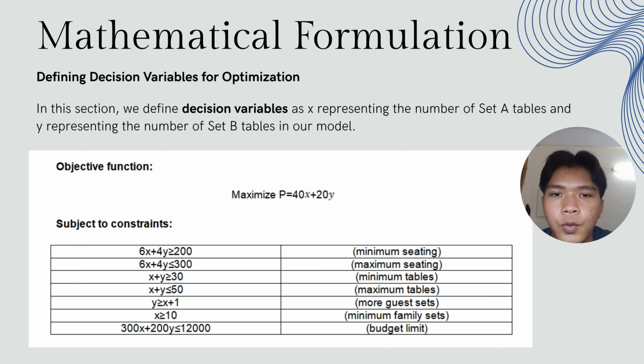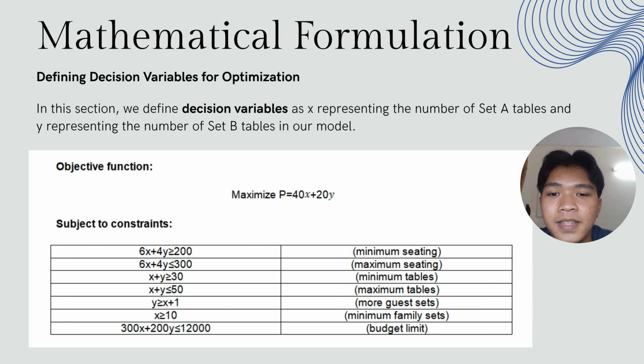In this part, we define our decision variables. Let X represent the number of set A and Y represent the number of set B. All variables must be non-negative integers because we cannot have a fraction of a table set. According to Miller, linear programming assumes proportionality, additivity, and divisibility.